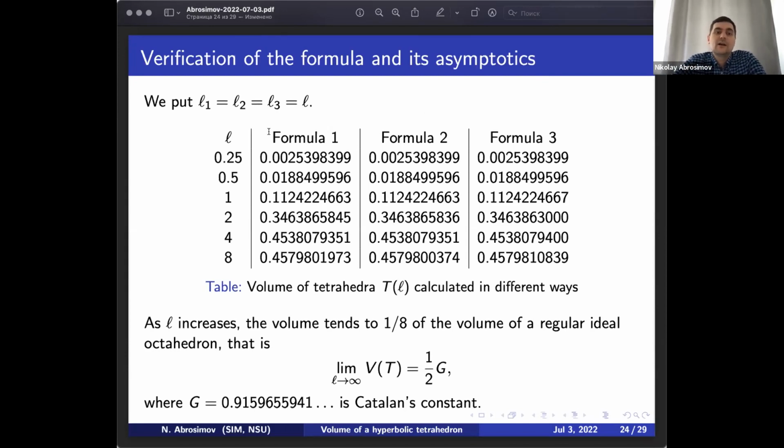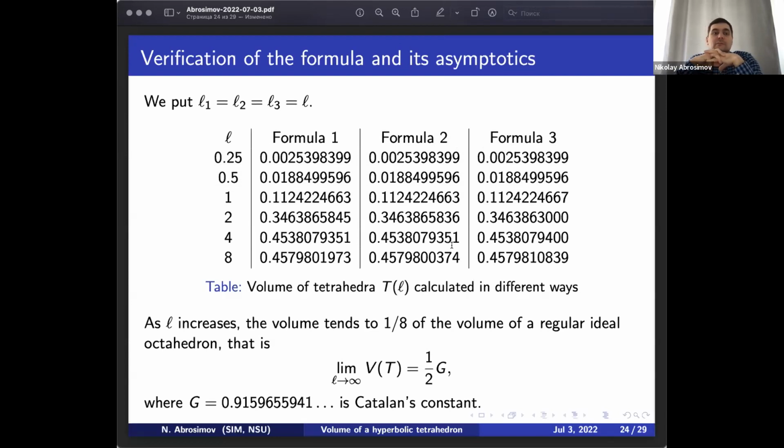Then we use the above mentioned general formulas for the volume of a hyperbolic tetrahedron. So we use actually two previously known general formulas, and the third column in this table is for the new formula. And you see that the results of computation coincide to each other in all three cases.